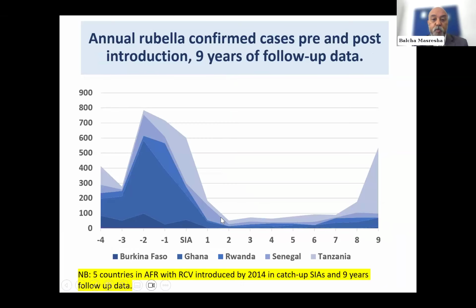And for the few countries where we have data for up to 9 years post-introduction, you see that the low incidence has been maintained for all countries except for Tanzania, which in the 9th year post-campaign had a spike in the number of rubella cases reported, which is very clearly aligned with a delay in the periodic follow-up campaigns that the country was supposed to have had by just about the 8th year post-campaign.